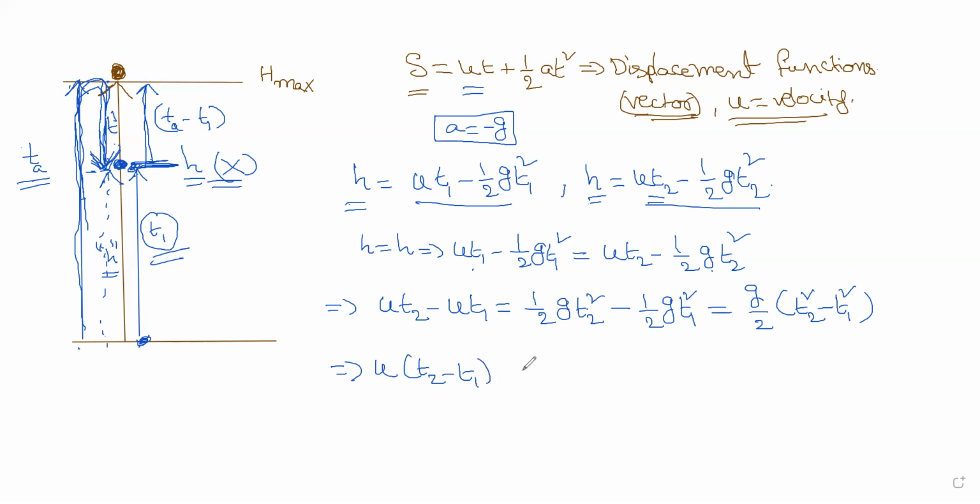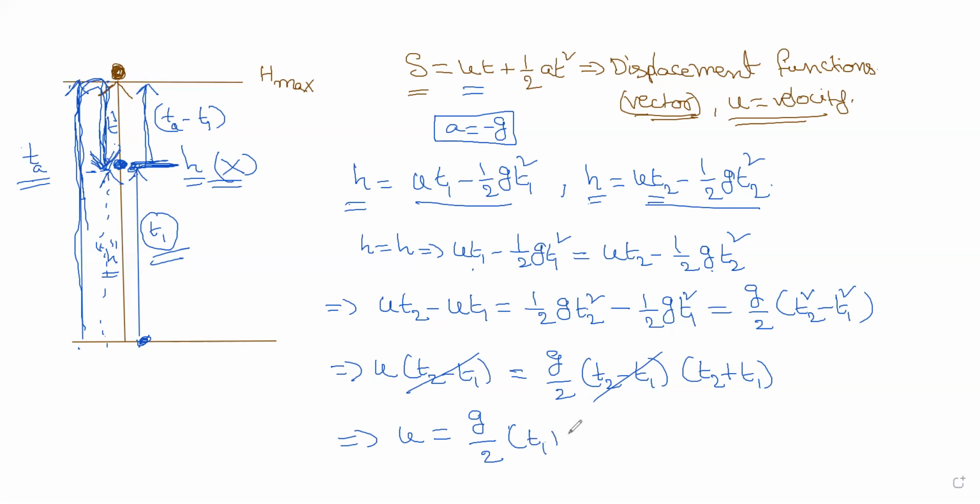This is equal to g by 2 into T2 minus T1 into T2 plus T1, because a plus b into a minus b is a square minus b square. T2 minus T1 is cancelled on either side. So we got u equal to g by 2 into T1 plus T2.